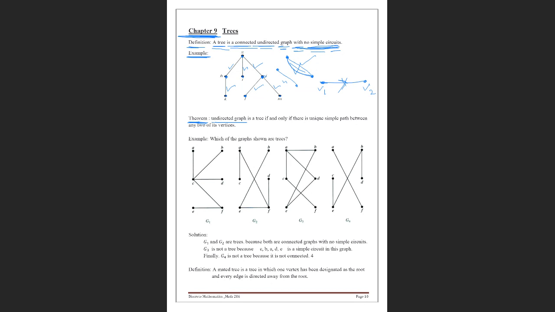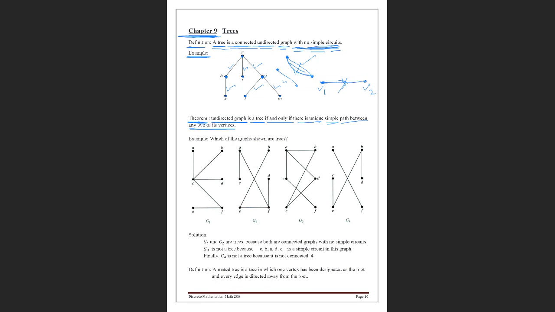This undirected graph is a tree if and only if there is a unique simple path between any two of its vertices. Unique simple path, meaning only one path, only one way between two vertices, then that is called a tree, right?